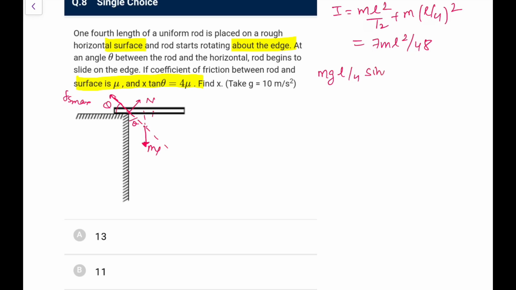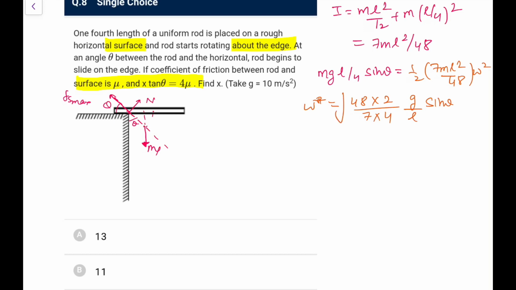So mg l by 4 sin theta equals, not 7 ml square by 48, that is half I omega square. Write it clearly: half into 7 ml square by 48 into omega square. So omega square for you comes out as 48 into 2 upon 7 into 4 into g upon l and sin theta.